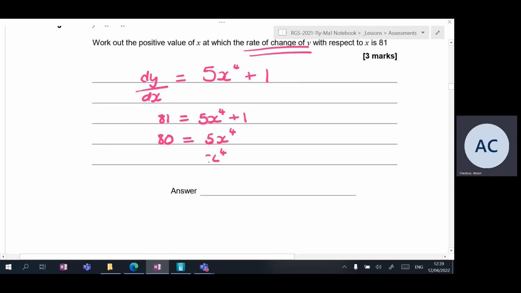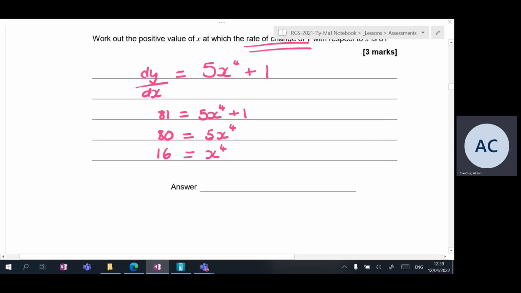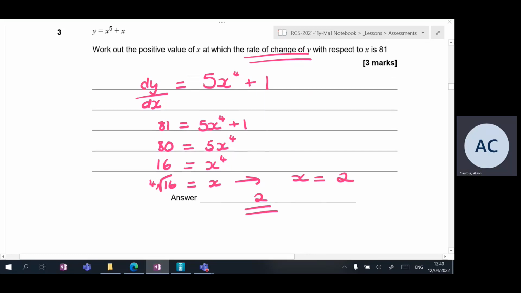I can then divide by 5. It only wants a positive value of x. It's not interested in negative numbers. So if we take the 4th root of 16, then obviously it would be 2 or minus 2, but we're only interested in the positive value of x. So your answer is actually 2.